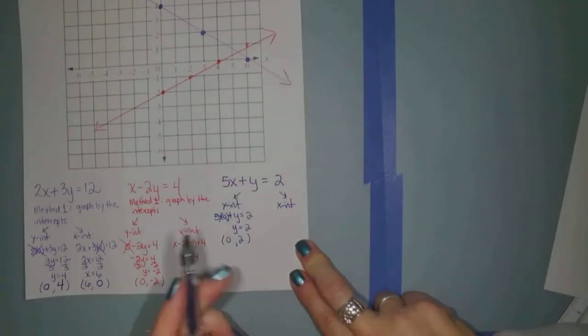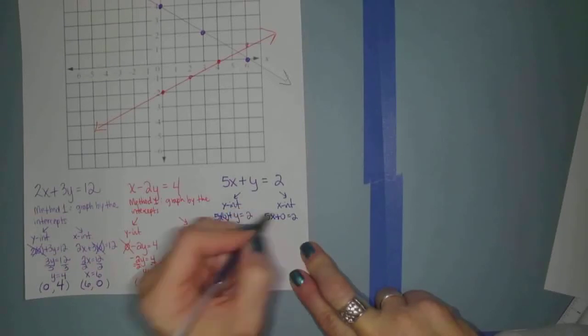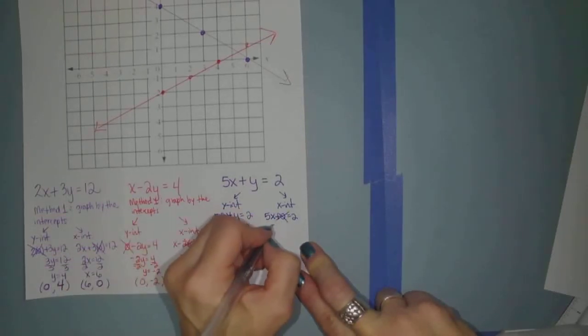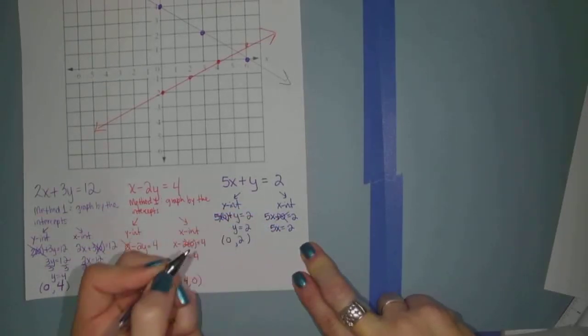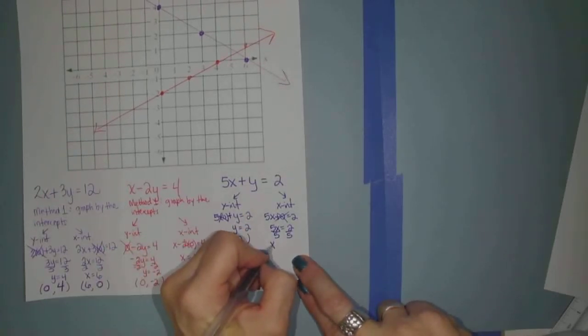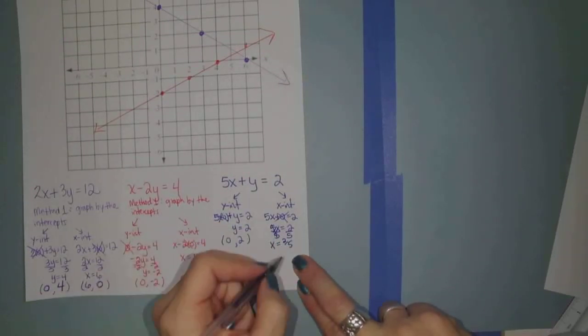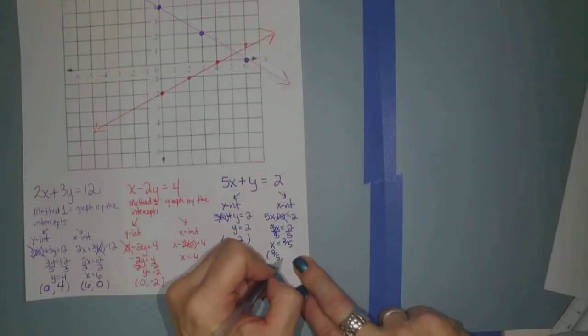x-intercept, let y be 0, so 5x plus 0 equals 2. That vanishes, so 5x equals 2. Divide, divide, and we have x equals 2/5. Not the prettiest. 2/5, 0.